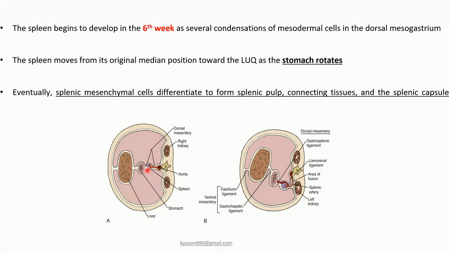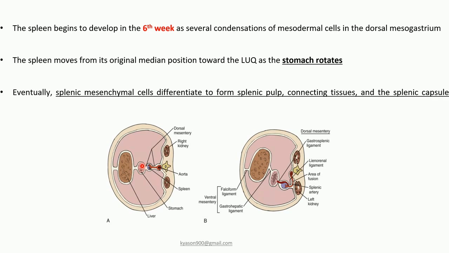Within the dorsal mesogastrium, we have mesodermal tissue that comes together to form the spleen. This happens during the 6th week of development. Several condensations of mesodermal cells come together in the dorsal mesogastrium to form the spleen. During development, the gut tube has to rotate.